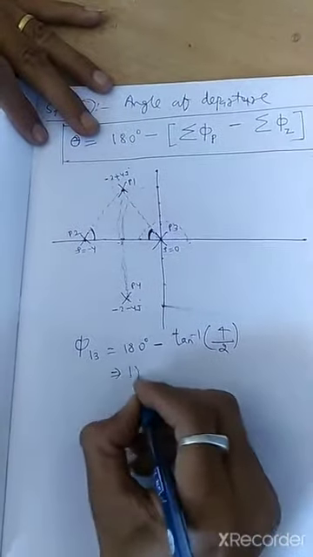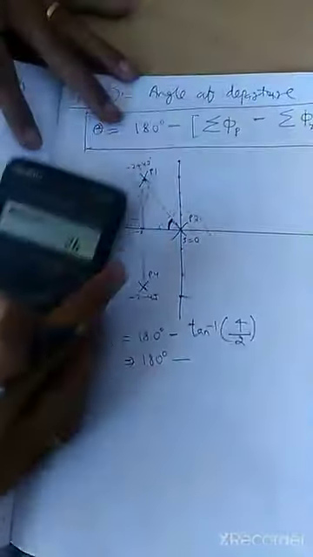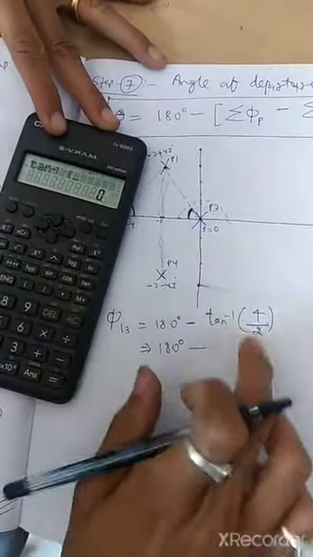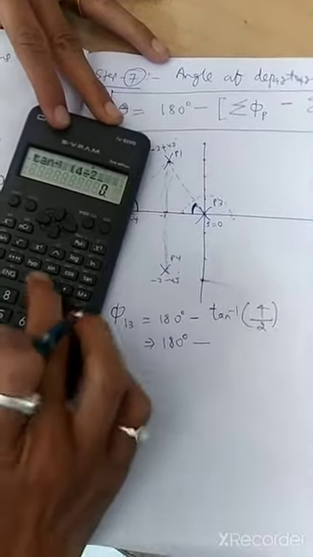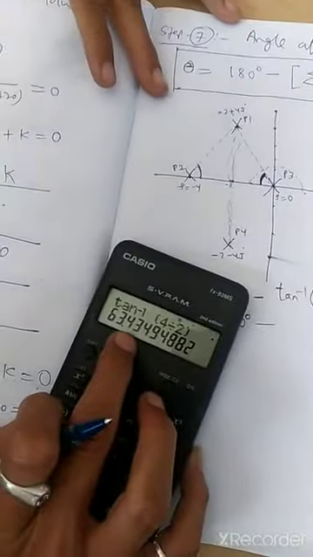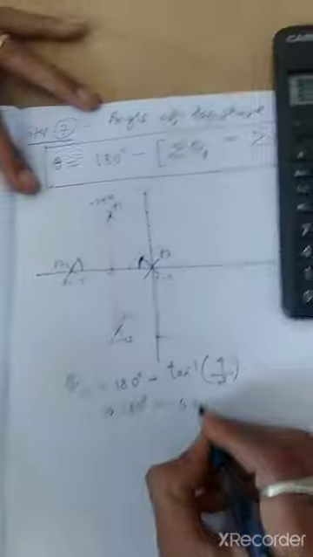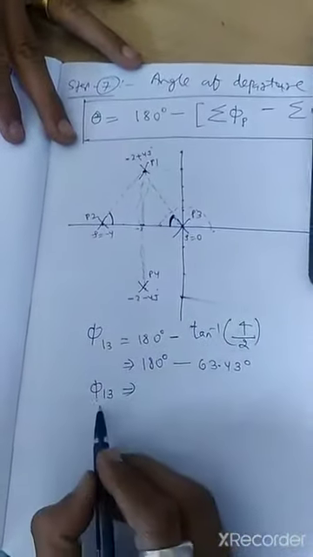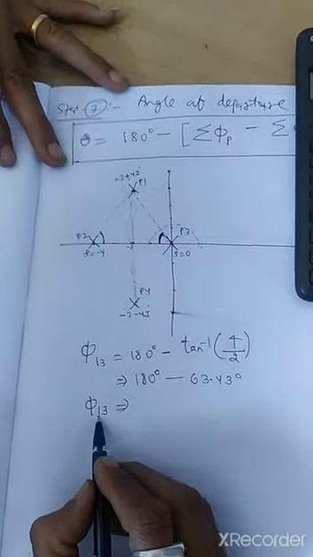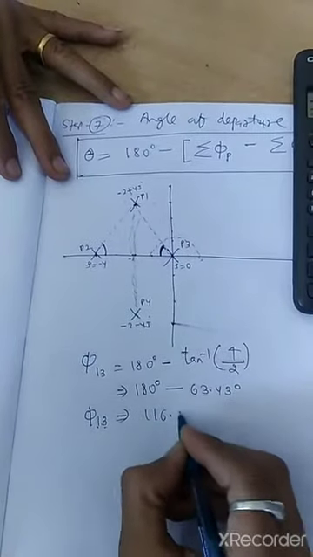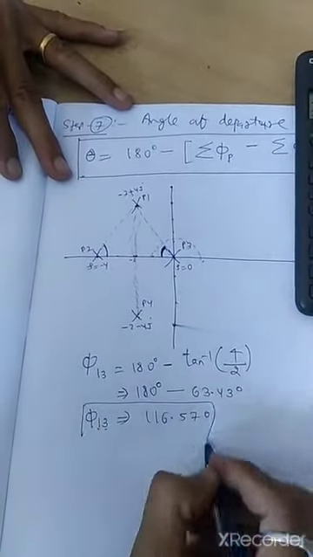I will find it with the help of a calculator: shift, then tan, so tan inverse of 4 divided by 2 will be 63.43 degrees. So I write 180 degrees minus 63.43 degrees. So this phi 13, the angle on the first complex pole due to the third pole, is equal to 116.57 degrees. I just note this down.